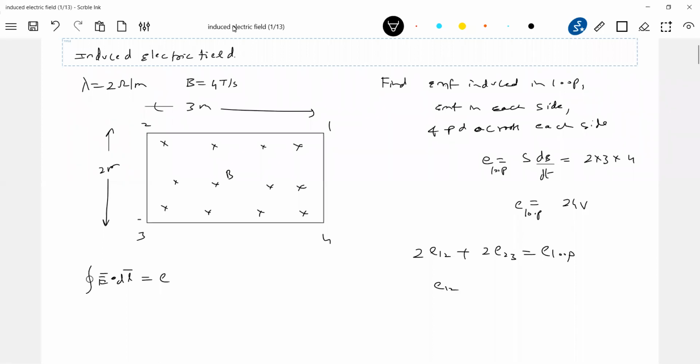So therefore, E12 by E23 should be equal to 3 by 2. We know total EMF is 24 volt. So solving this, we'll get the EMF induced in each side.